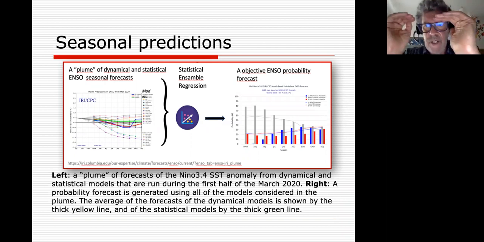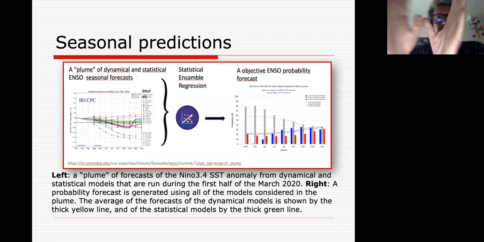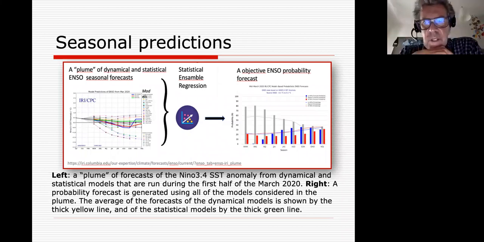And to have a good objective ENSO probability forecast that has some explaining capability, one must resort to having a good description of the ocean, and especially the upper layer in the Equatorial Pacific. That's why observations are as important as a model to give a good prediction of the ENSO system at the seasonal scale.